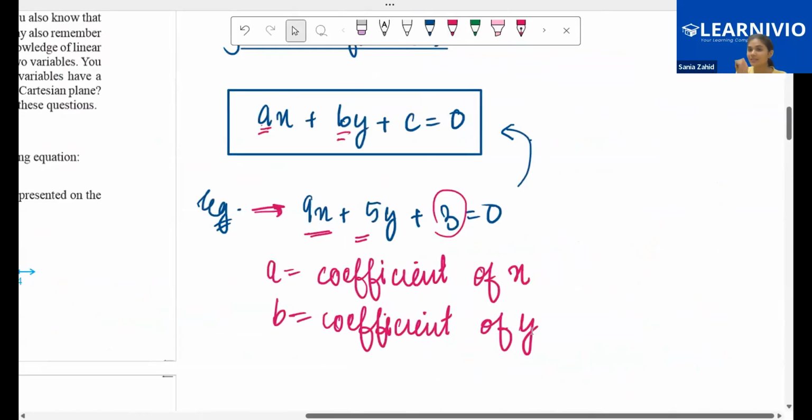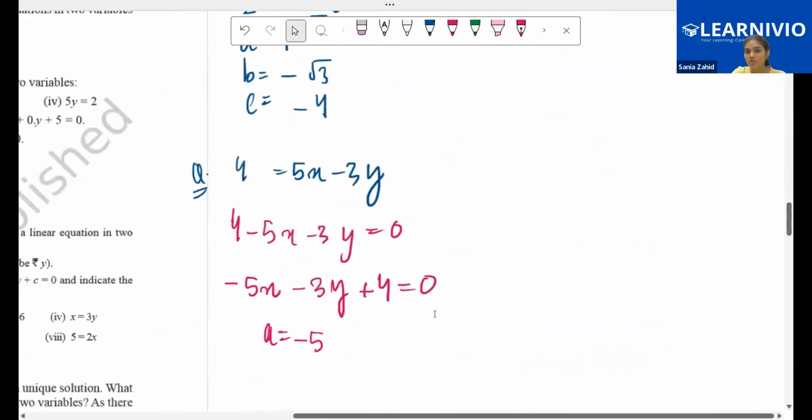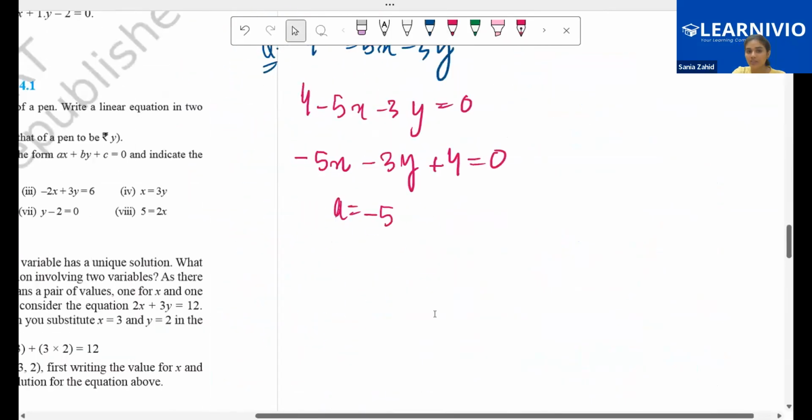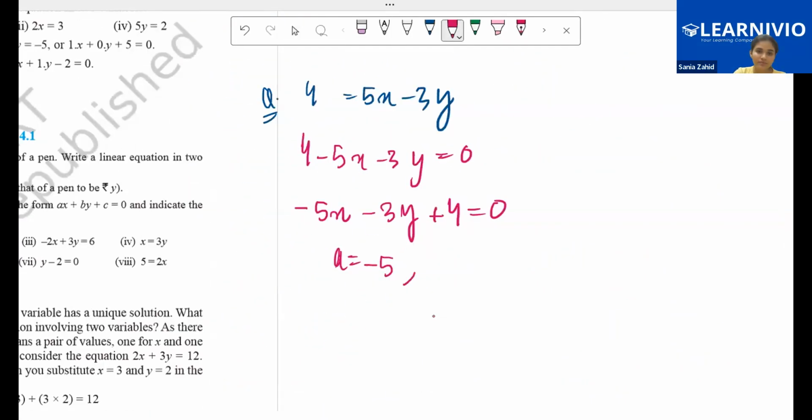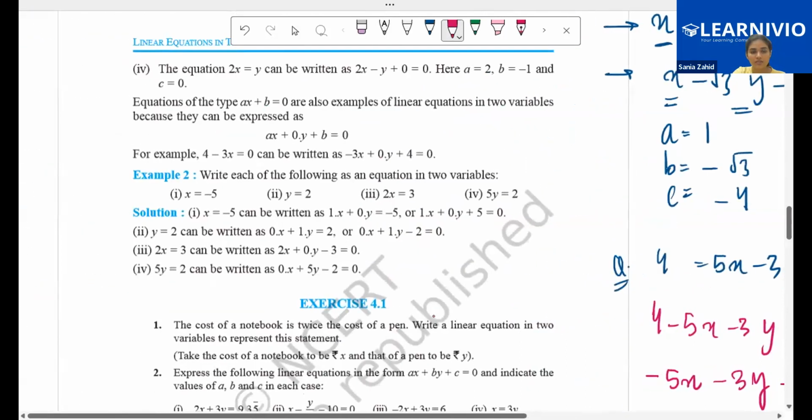So the number that is attached with x is known as A. And the number that is attached with y is known as B. Right? Okay, so here A is minus 5. What is B? B is minus 3, and then C is plus 4. Right. Yes.